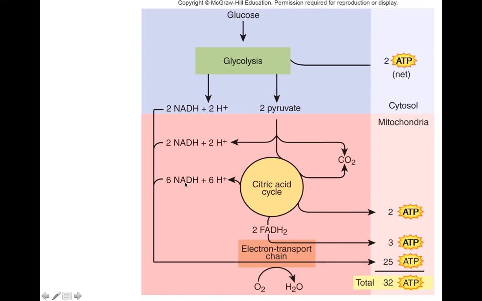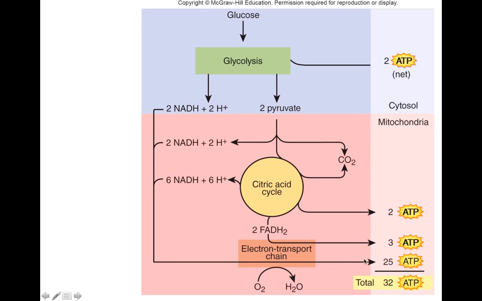You can't have reduction without oxidation. You have to have both. Oxidation is losing electrons, reduction is gaining electrons. So these reduced coenzymes basically have extra electrons, and as such, they also have extra potential energy. We are going to harness that energy in the electron transport chain.